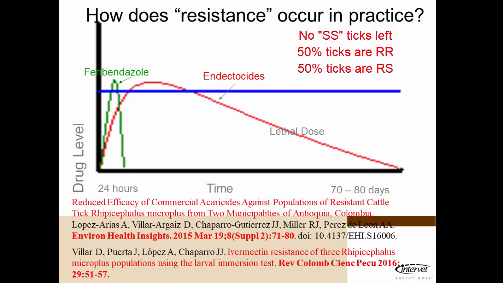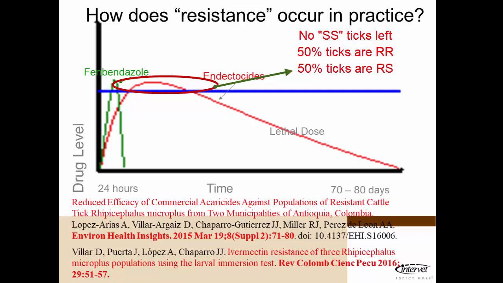So now when you apply ivermectin, the first month in which the concentrations are going to be above the blue line, you will notice that the number of ticks killed on the animal is about half of those that should be killed if they were all susceptible. In other words, the therapeutic efficacy is being reduced by half because you can only kill the heterozygous population at this point.